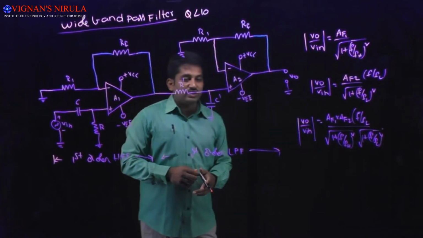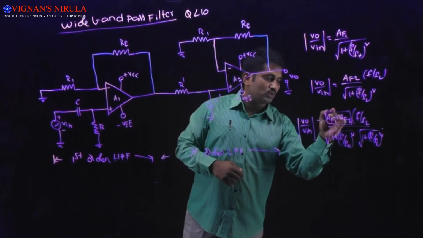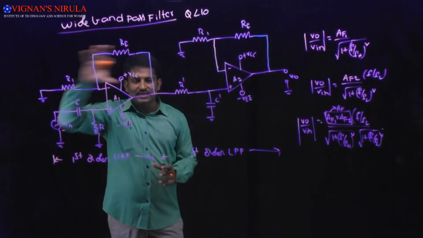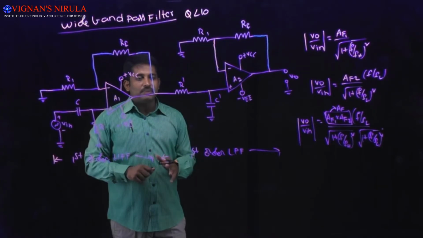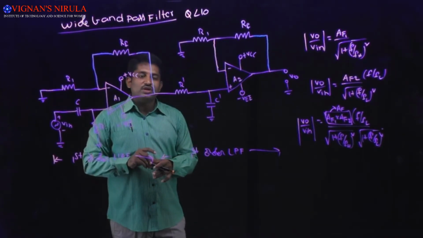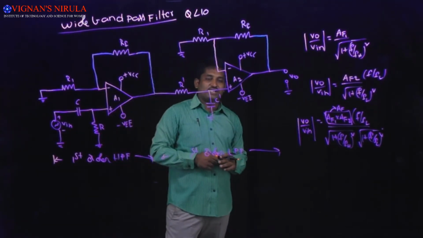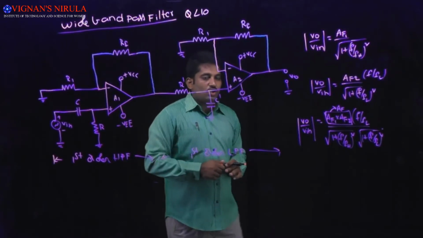So AF1 into AF2 will be treated as AF. That's why I told you that whenever you want to calculate the total gain of the wide band pass filter, you have to multiply the gains of the individual filters, that is the first order low pass filter and the first order high pass filter.